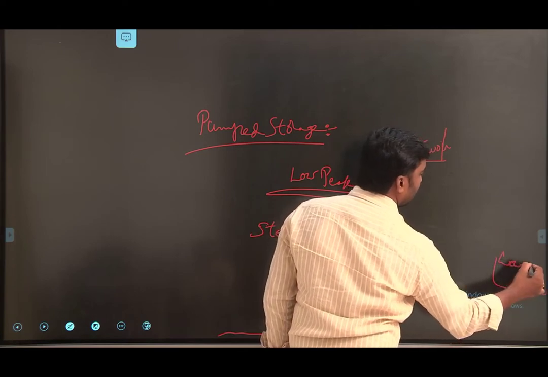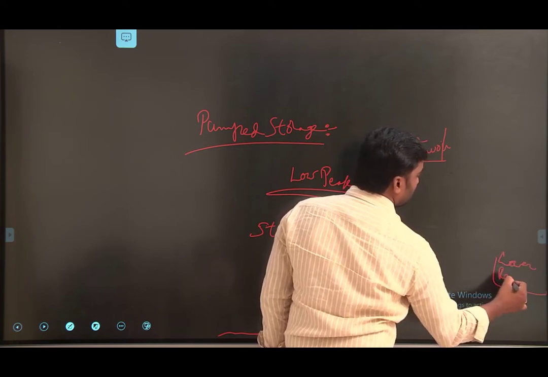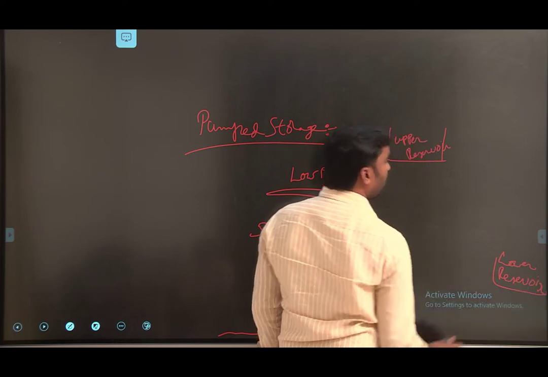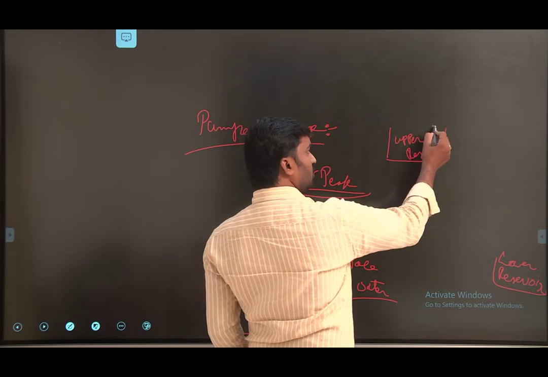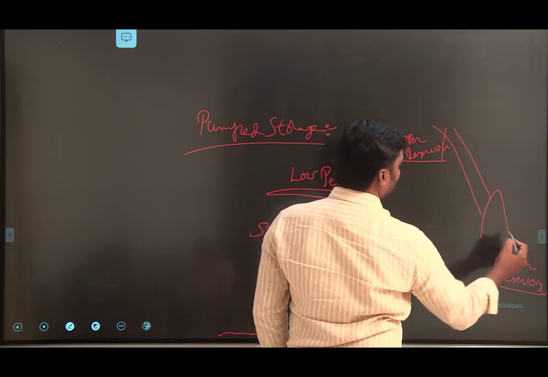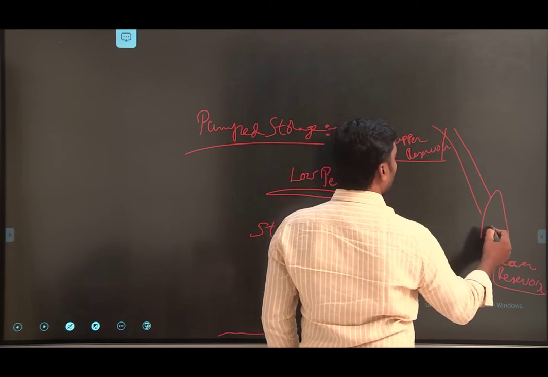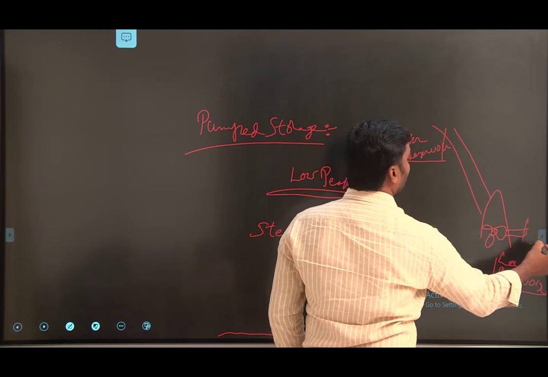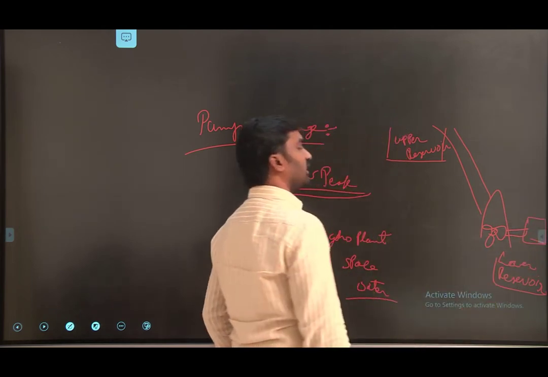So what happens with the upper and lower reservoirs? The upper reservoir is used to generate electricity by using a turbine, and a pumping house is available here. Here we generate mechanical energy, which is connected to an alternator, so we generate electricity.